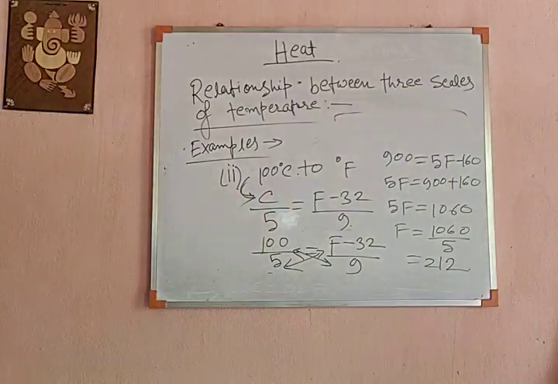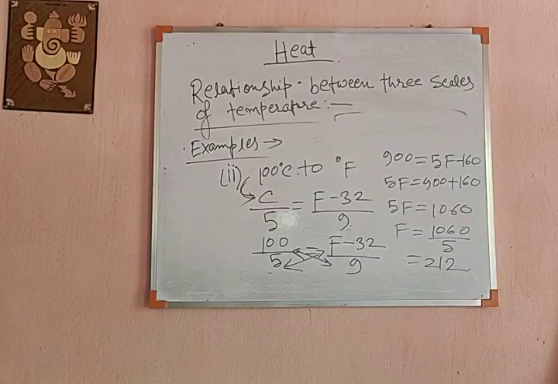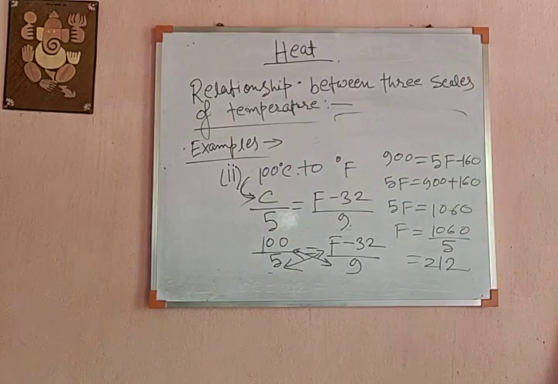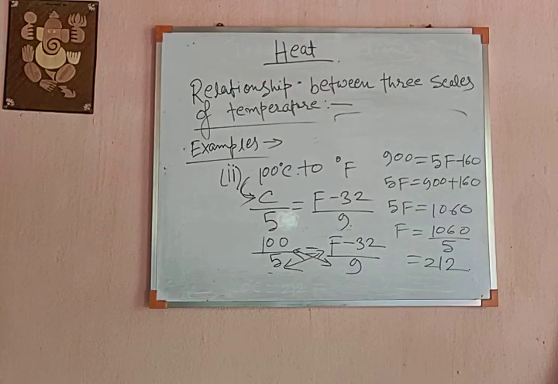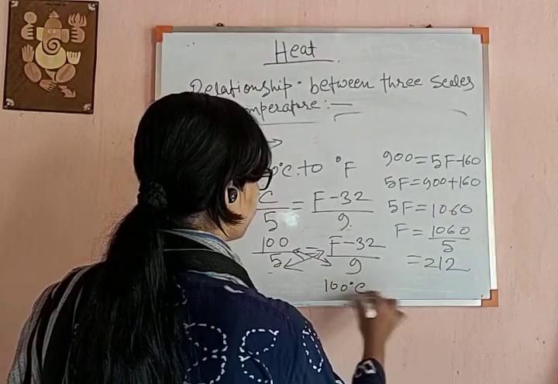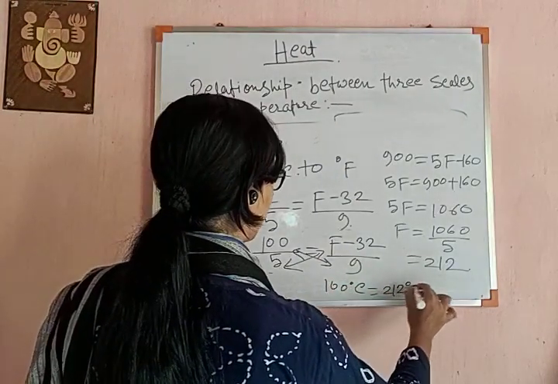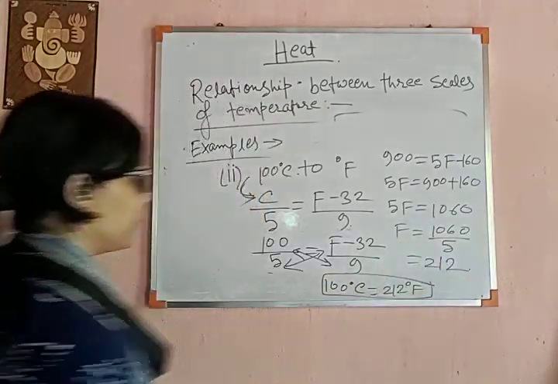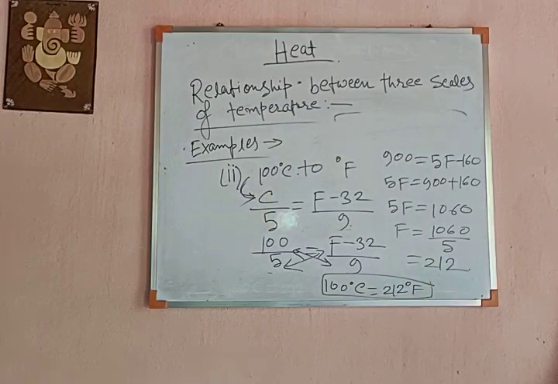Again this is matching with the scale division, that is the final division in the Celsius scale is 100 degrees Celsius and the final division in the Fahrenheit scale is 212 degree Fahrenheit. That means these two will be equal, and from the expression we are getting that these two are perfectly equal. That means again the expression is fully correct. So 100 degrees Celsius is equal to 212 degree Fahrenheit. This is proven from the expression or from the scale division.